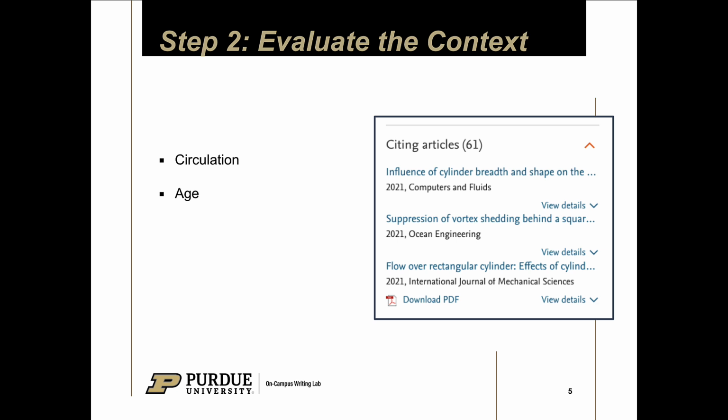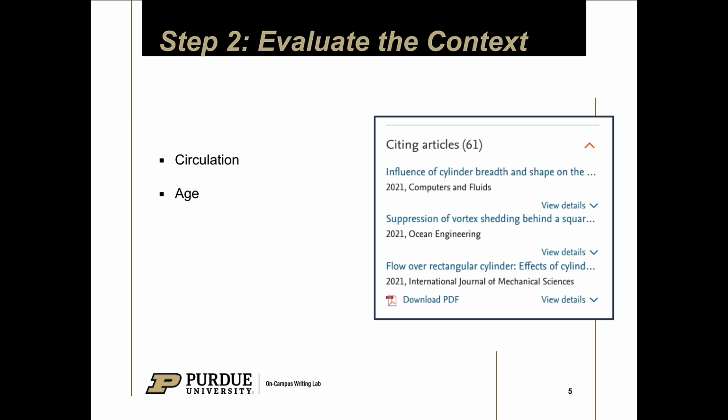In the example we're seeing here, you can see this article has been cited 61 times. An article with lower circulation can still be good and useful. It might simply be a newer article. But something revolutionary or novel is more likely to earn wider circulation.